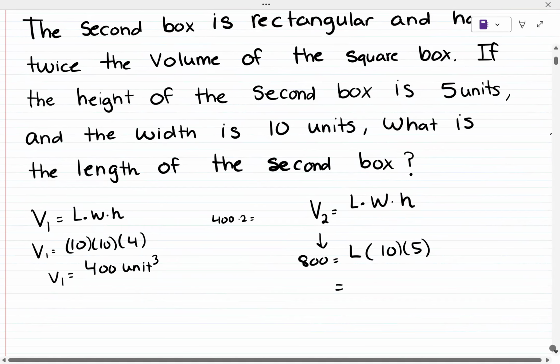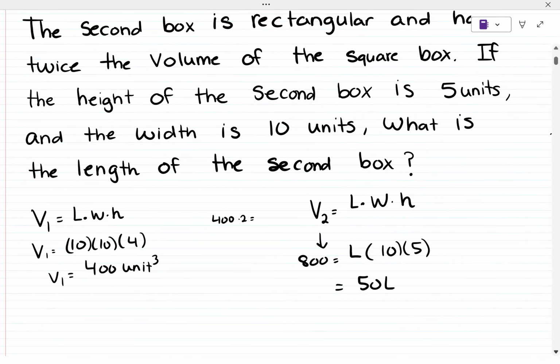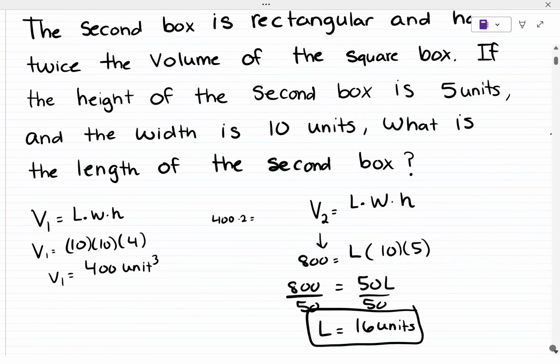So 10 times 5 is 50 L, and then you have 800. And then you solve for L by dividing both sides by 50. And you get length is 16 units. Okay, so that is the length of the second box, 16 units.